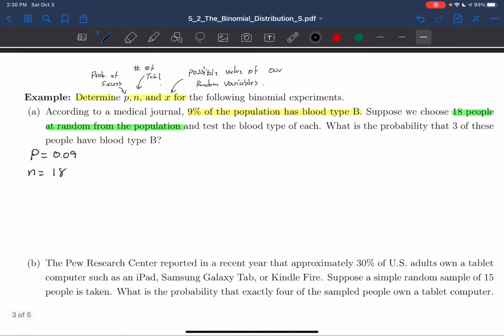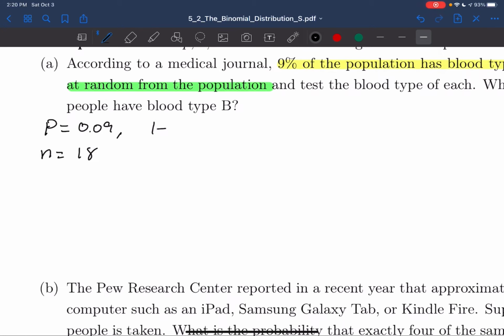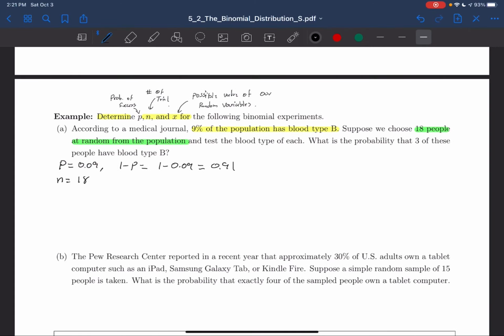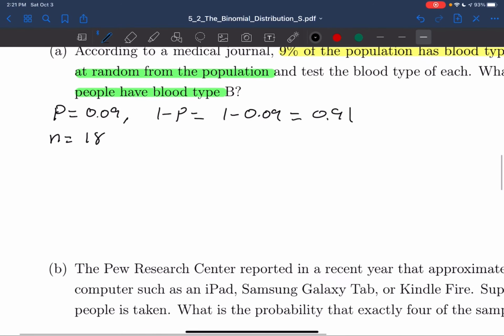Since we already know our probability of success, we can calculate the probability of failure, which is 1 minus p, or 1 minus 0.09, which is 0.91. It's asking us what is the probability that three of these people have blood type B. So here our possible value of the random variable, x, equals 3.